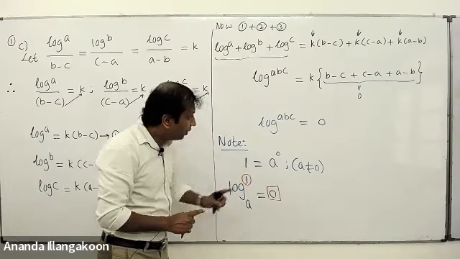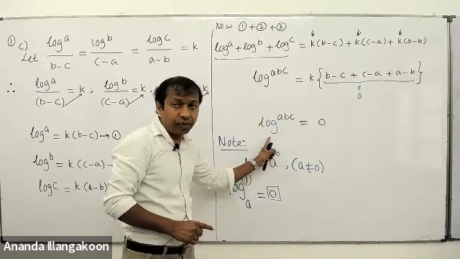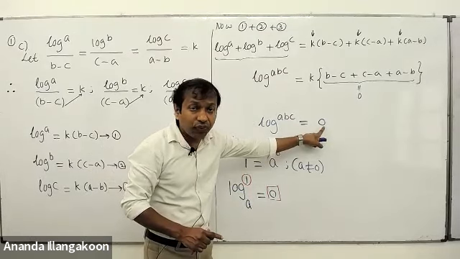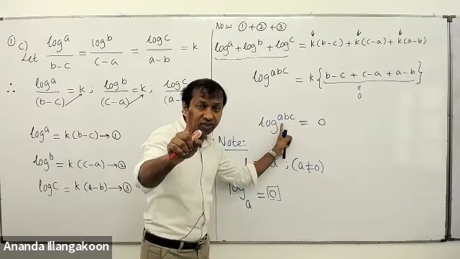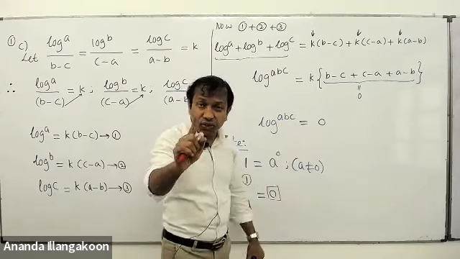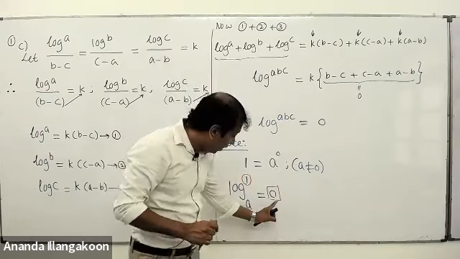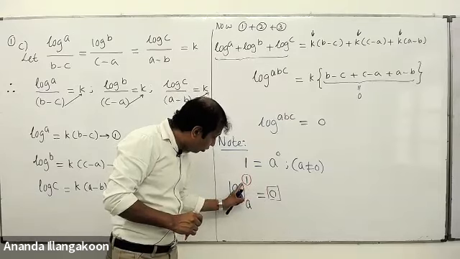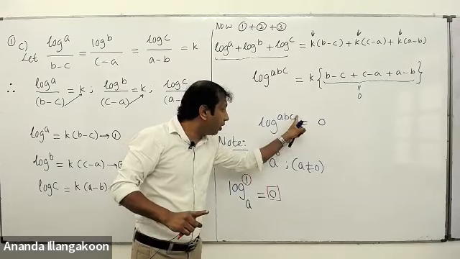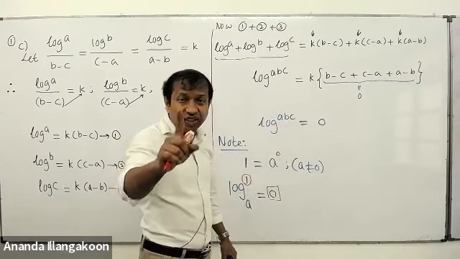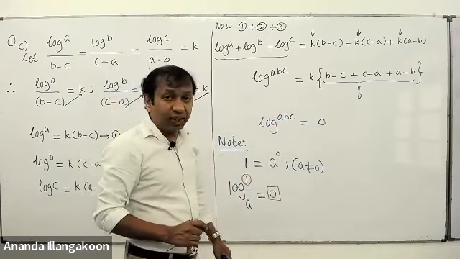Here we got the answer of this whole log term as 0. Then what should this ABC product be? 1, no? To get the answer as 0, the number here should be 1. Understand?